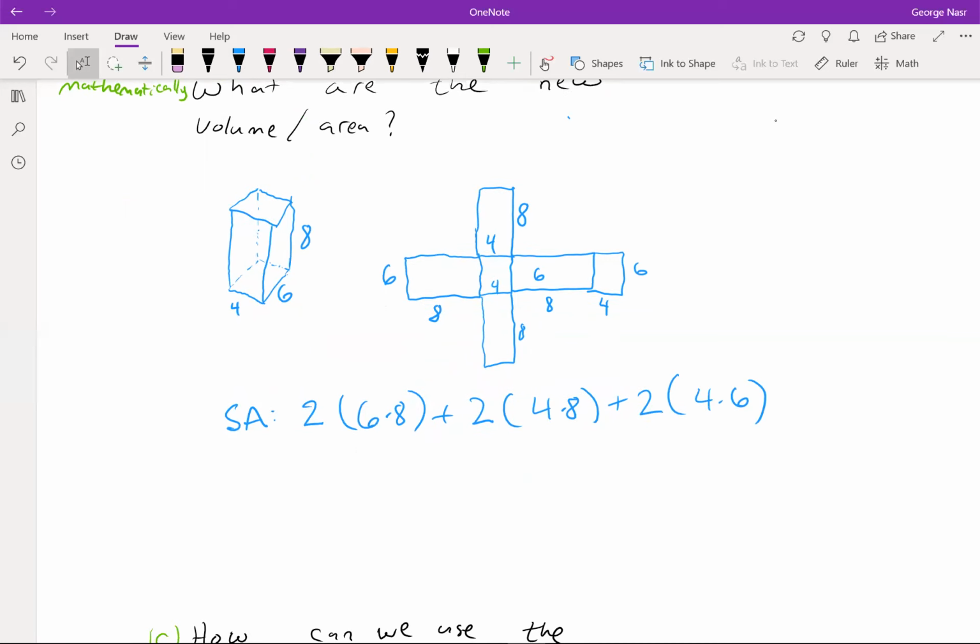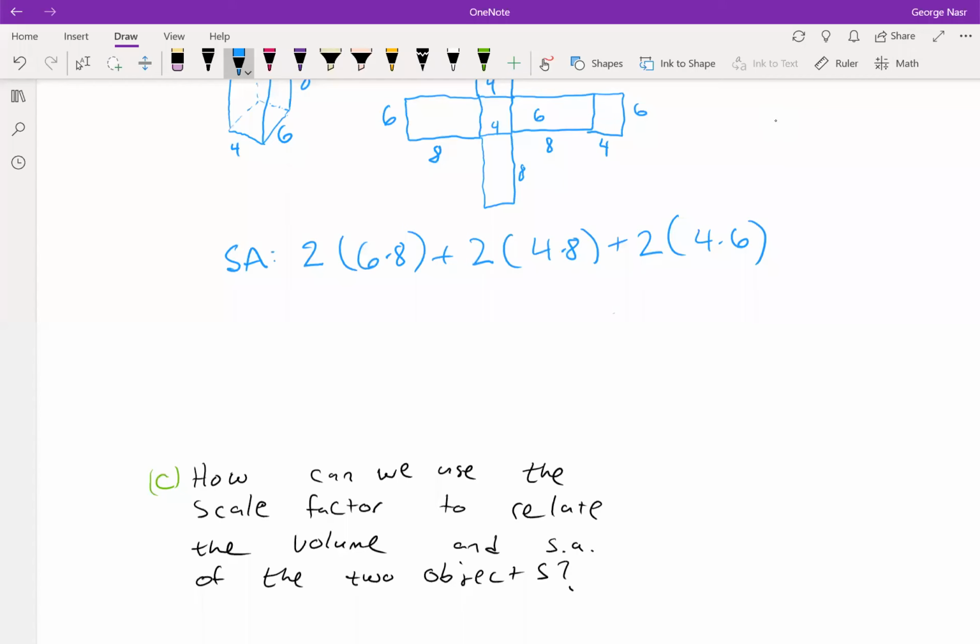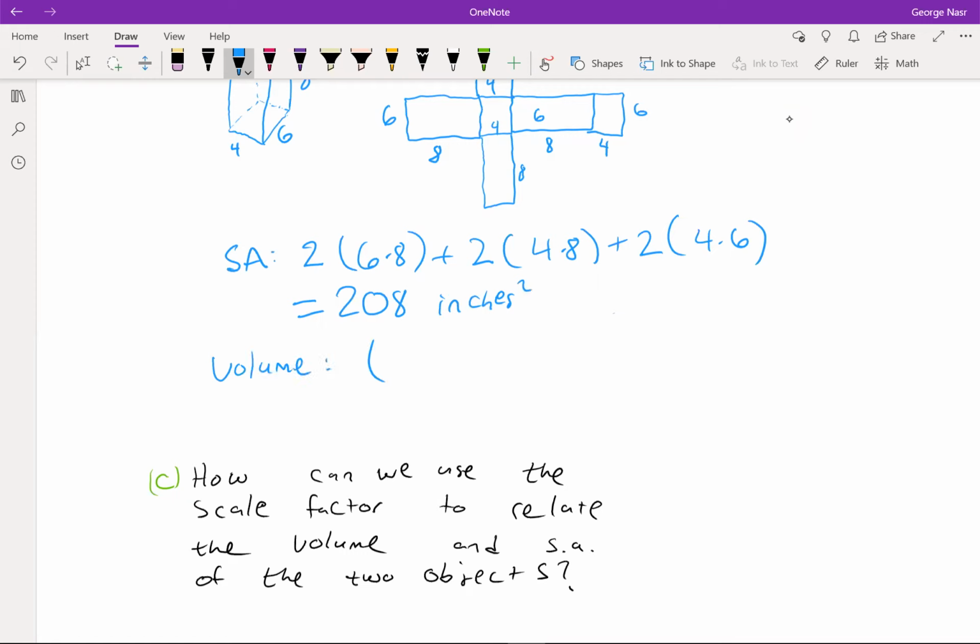This one is just a little bit trickier to compute in our heads, but thanks to me doing the computation ahead of time, the answer is 208 square inches.